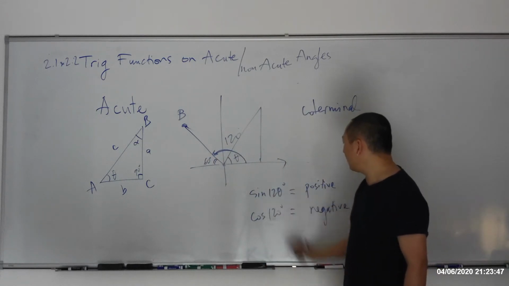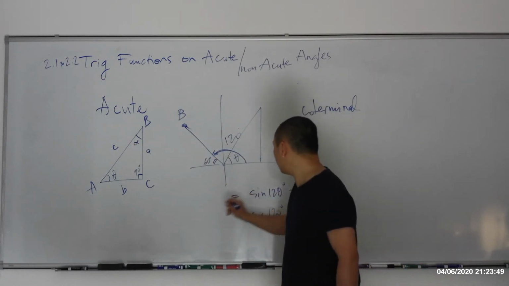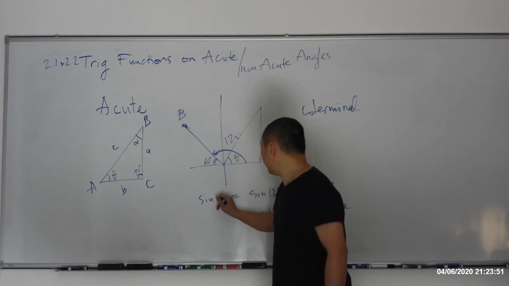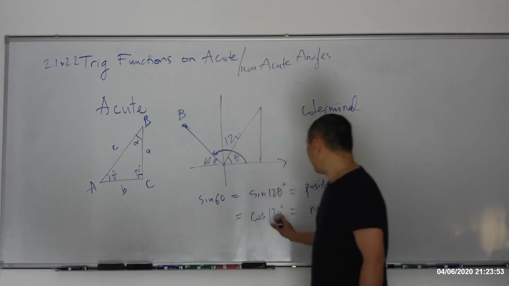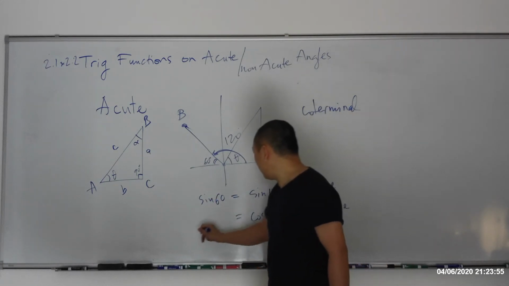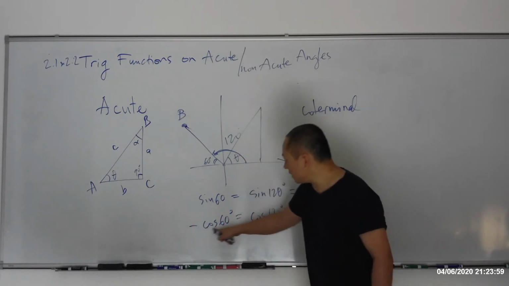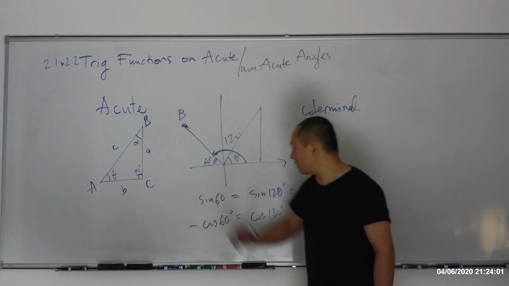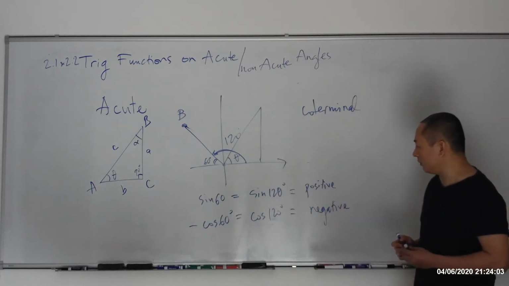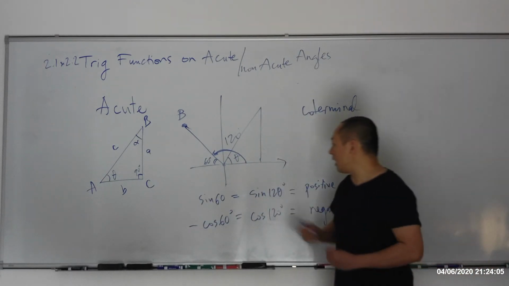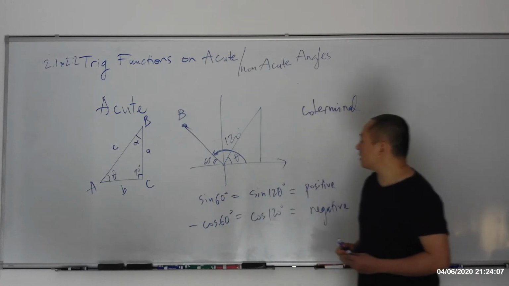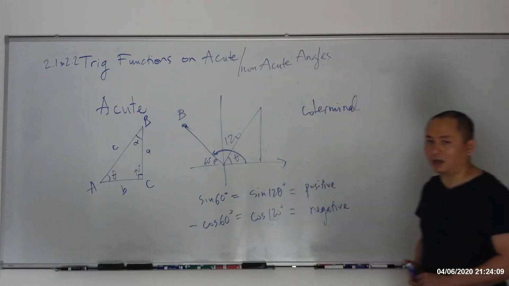And sine of 120 degrees will be equal to sine of 60 degrees. So cosine of 120 degrees will be equal to negative cosine of 60 degrees, because cosine of 60 degrees is a positive number. You put a negative sign in front, and you get cosine of 120. The sine is going to be the same because this is in the second quadrant. That was the idea.